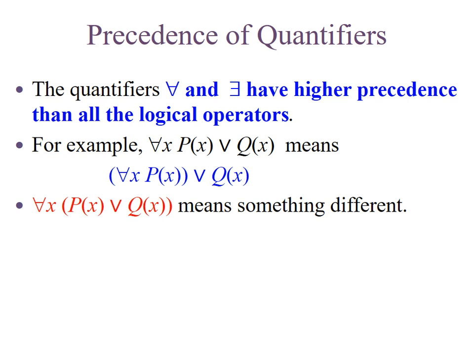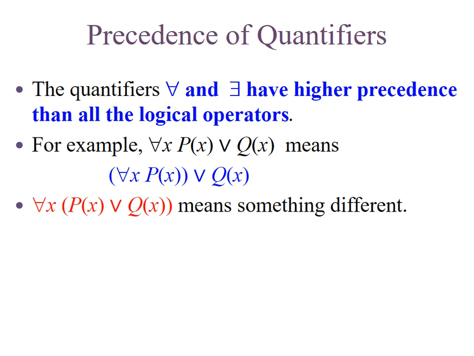All right, next let's see the priority of quantifiers. Actually, this is very important because people make a lot of mistakes when they write predicate logic. The quantifiers for all and for some have higher priorities than the logic operators. That means for all and for some have the highest priority among all the logic operators we have learned.